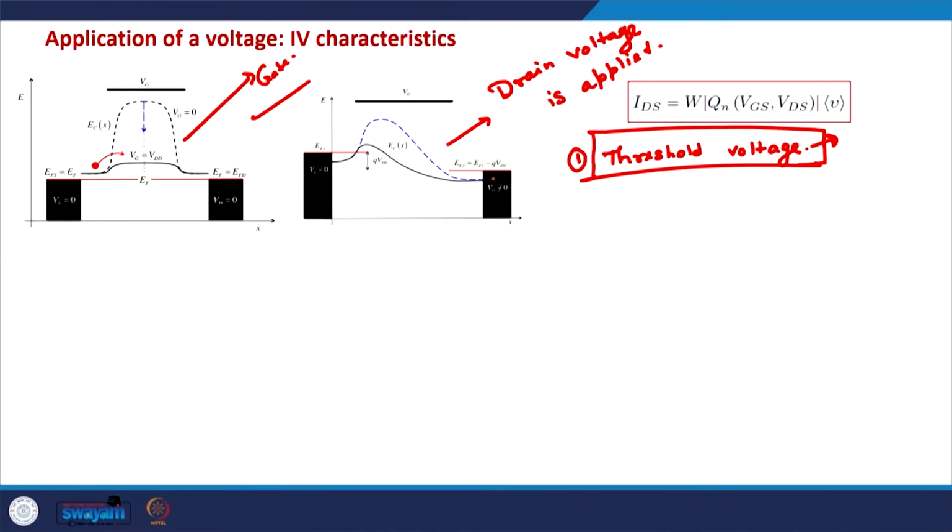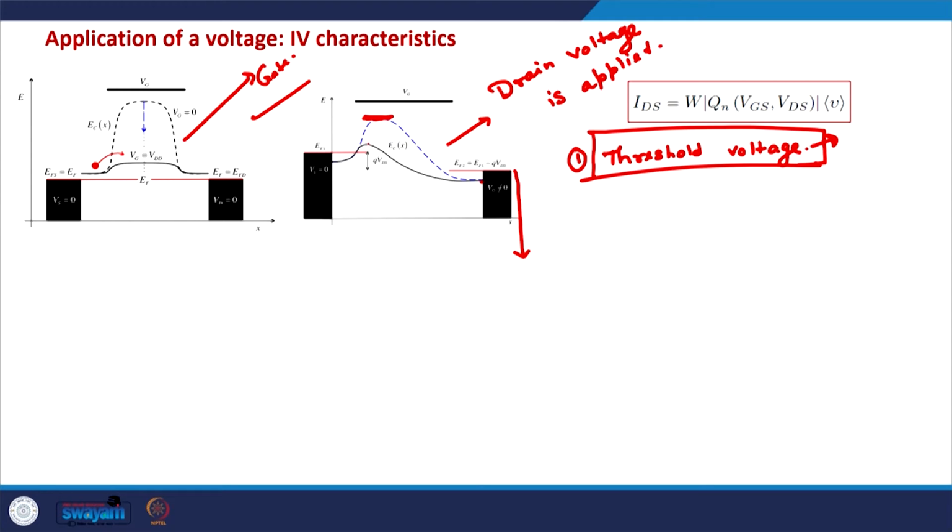or one of the main parameters in MOSFET theory. We also saw that if we apply a drain voltage, it generally does not change the barrier height. What it does is bring down the energy bands on the drain side, which creates a longer slope from the top of the barrier to the drain side.